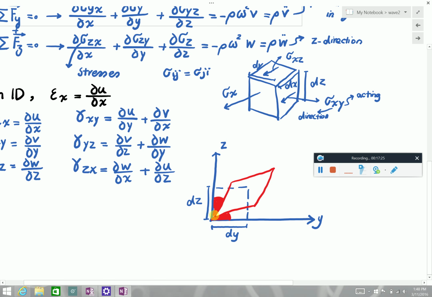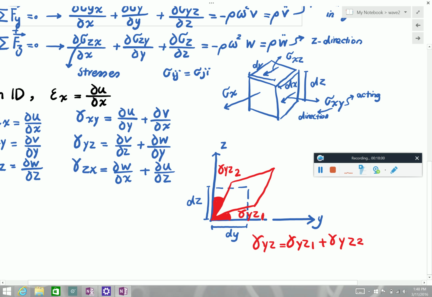So basically gamma yz is the summation of angle 1 plus angle 2.